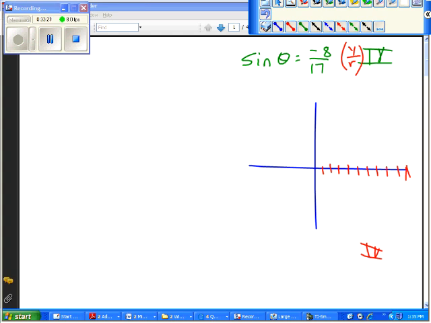I need to make a whole lot of marks down here, right? So it's y/r. So yeah, we don't know how many to the right.